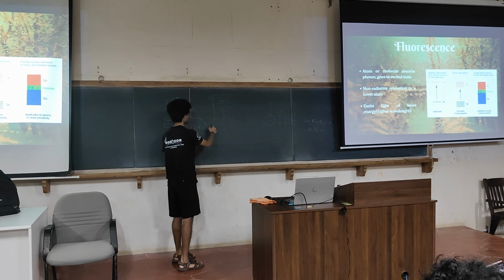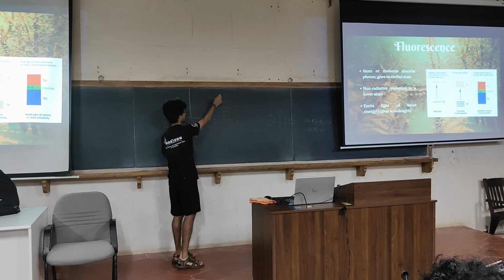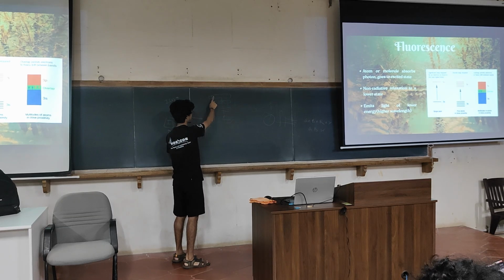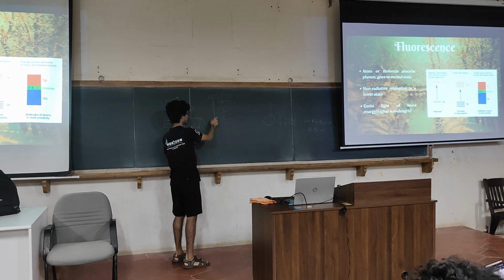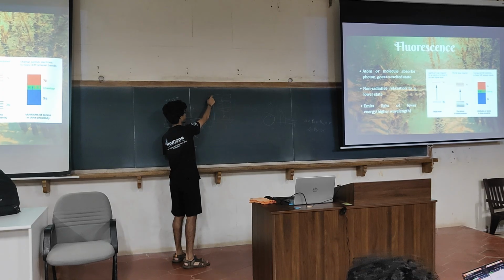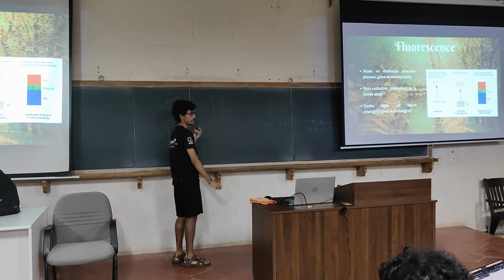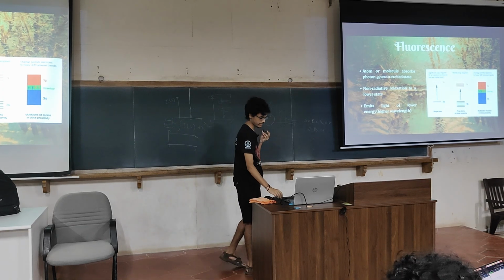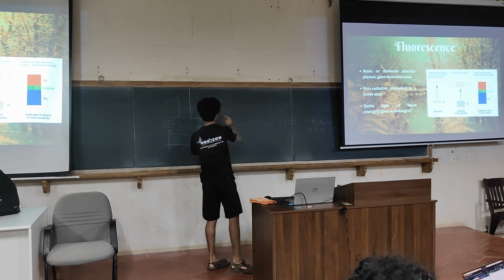If you had discrete energy levels, then you need a photon of the exact energy difference between these two levels to excite an electron from here to here. But if you have continuous bands, you just need a photon that has energy difference equivalent to some energy over here and some energy in this band. That's enough to excite an electron from this band to this band.